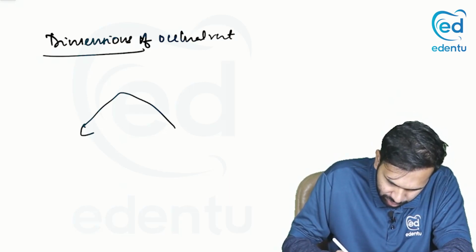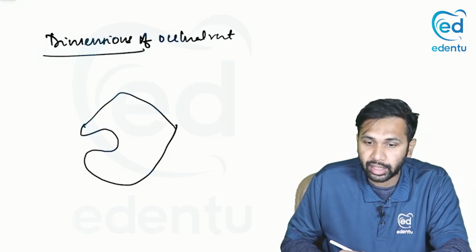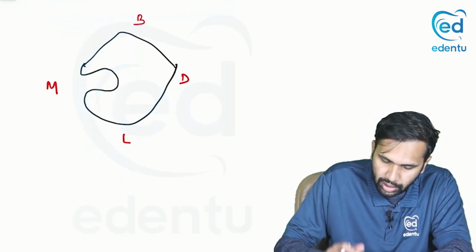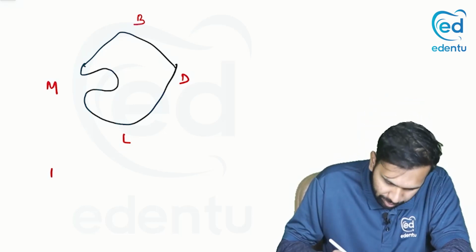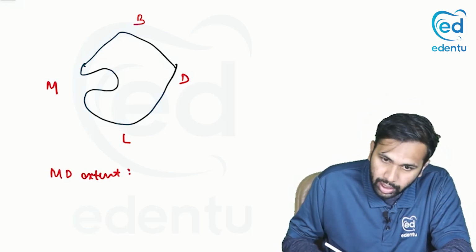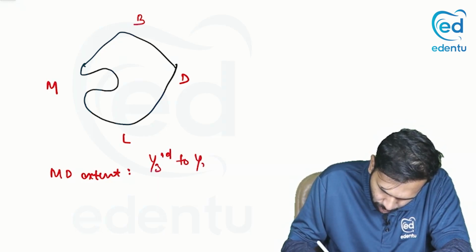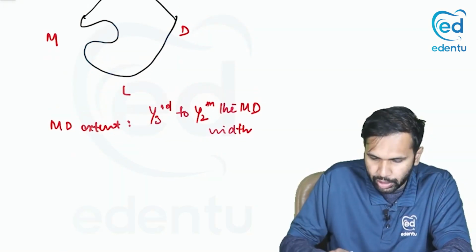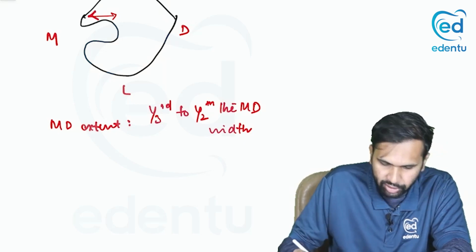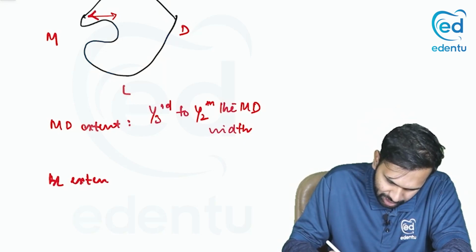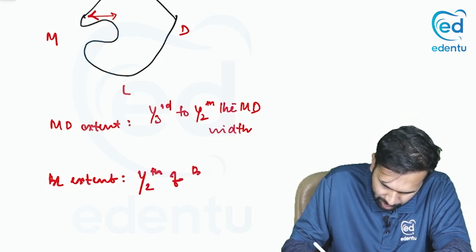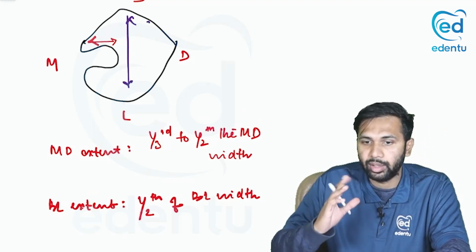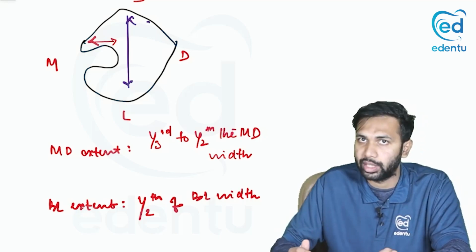If this is the entire tooth, if this is the premolar in which you are making the rest and the rest seat, and let's say this is the mesial and distal, this is the buccal and lingual surface, the mesiodistal extent of the rest should be 1/3 to 1/2 the total mesiodistal width of the tooth, whereas the buccolingual extent should be half of the buccolingual width. These are the dimensions by which you prepare an occlusal rest.